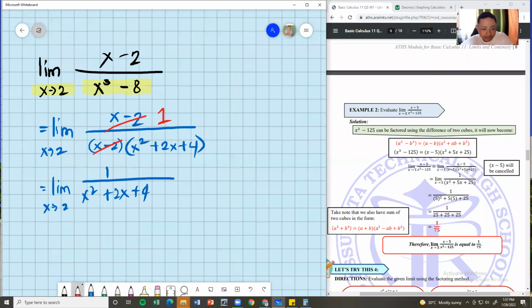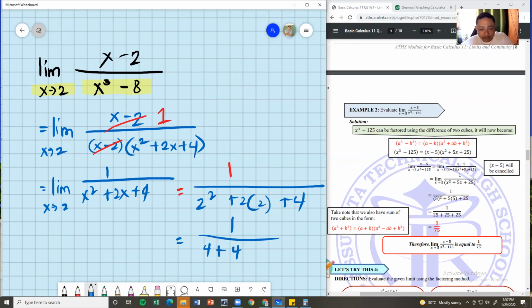So let's do that. This will become 1. Don't forget that there's 1 in the numerator. 1 over, substitute, 2 squared plus 2 times 2 plus 4. So we end up with 1 over 4 plus 4 plus 4, which is equal to 1 over 12.